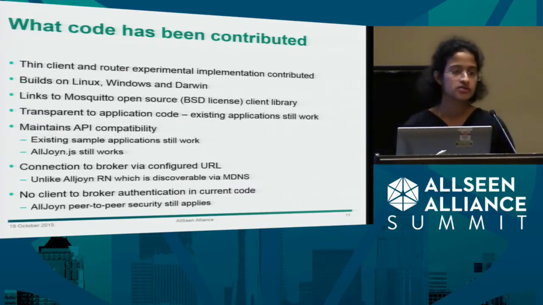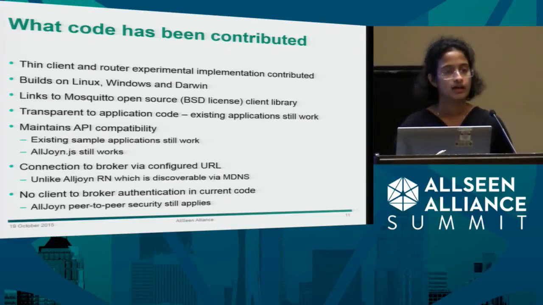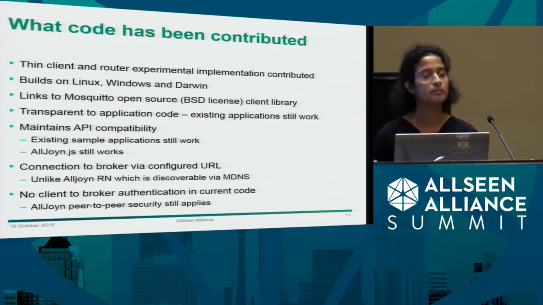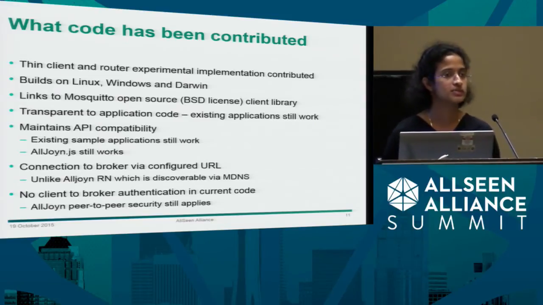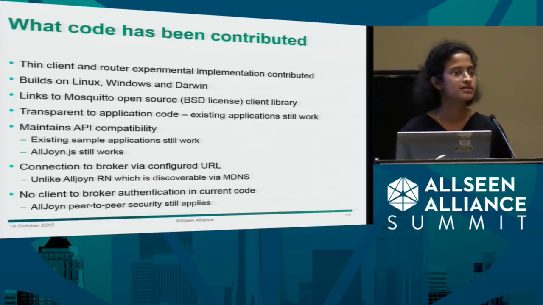What's been contributed so far: we have an experimental thin client and router implementation that's available on the feature/MQTT branch. It builds on Linux, Windows, and Darwin. And it links to the Mosquitto open source library, which is BSD licensed. It maintains the same APIs.